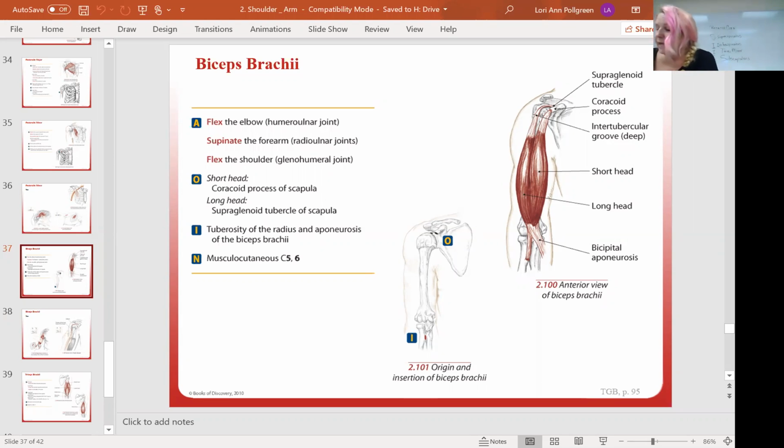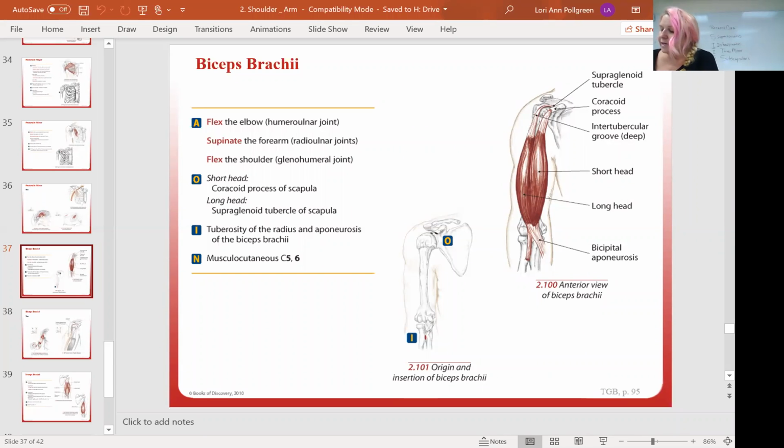So I want you to highlight its actions. It flexes the elbow. We're going to learn about supination a little bit later, but highlight that it supinates the forearm. And then it also flexes the shoulder. So it crosses both the elbow and the shoulder joints, so it does movement at both.